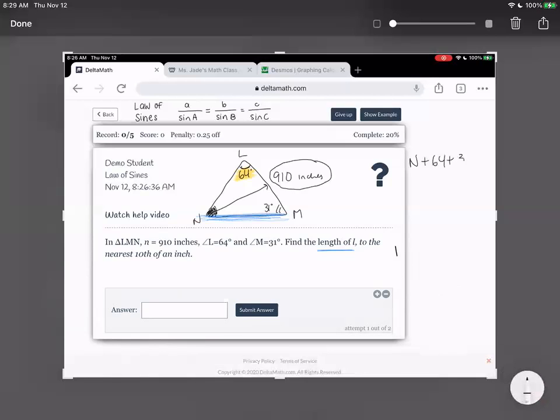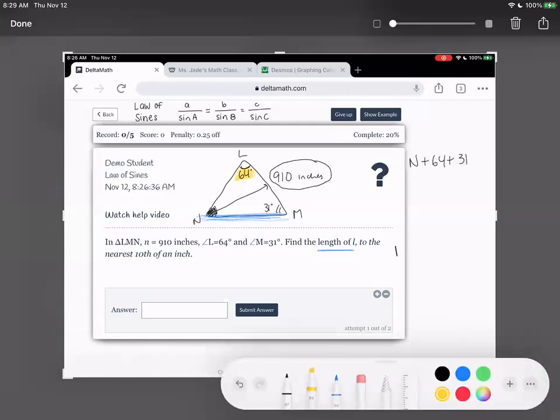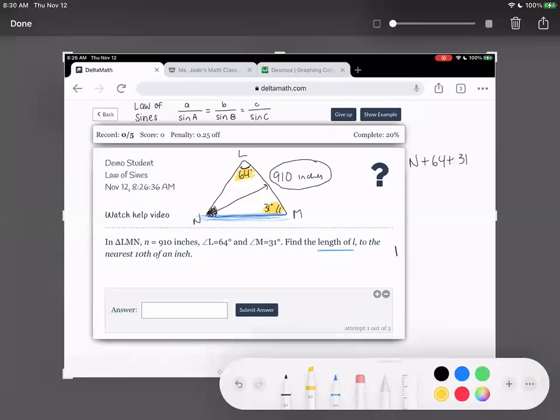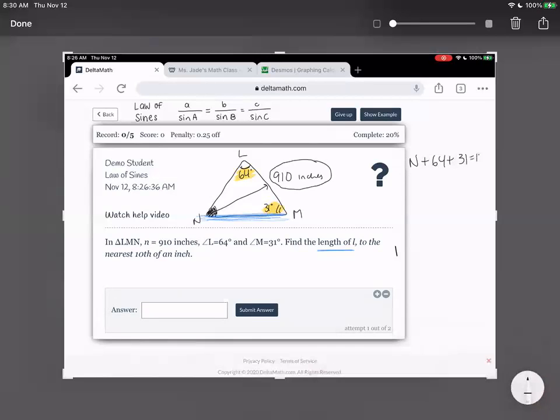Plus 31, where am I getting 31? It's right over here. I'm just adding up the three angles of our triangle. So the angle N, the one in black, plus the 64 degrees, plus the 31 degrees, all of that should add up to 180. Okay, so we're going to solve for the angle N.